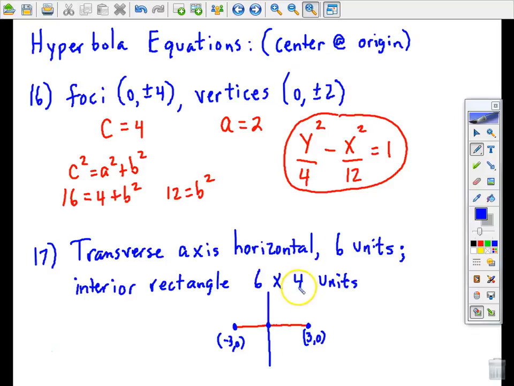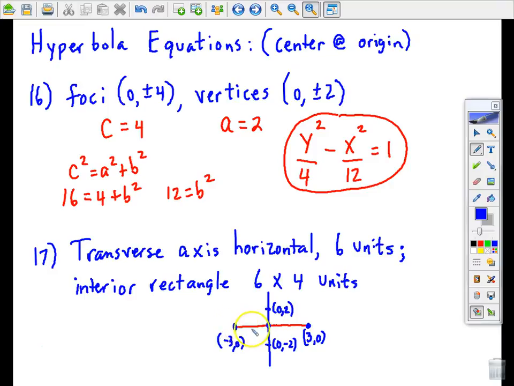And the rest of the box should be a total of 4 units. It's a 6 by 4 box, so it's 6 this way and it should be 4 this way, meaning it should be (0, 2) and (0, -2). That makes a total of 4.